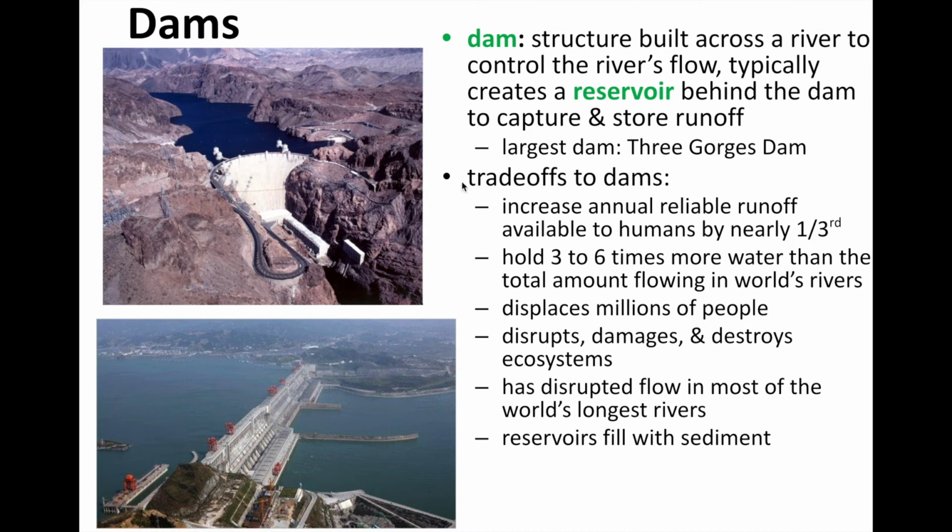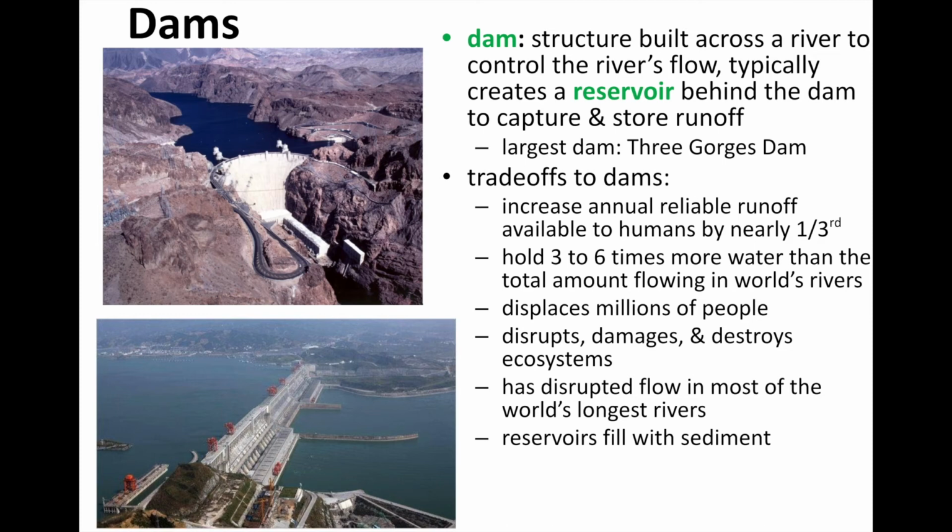But there's a lot of positives to damming water, but there's a lot of trade-offs. Basically, we have increased the amount of reliable runoff by about a third by damming these reservoirs. And we're holding up to, now it's more like 6 to 10 times more water than the amount of water in rivers around the world, which is great.